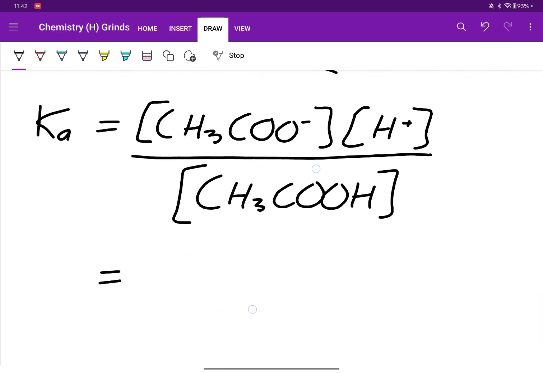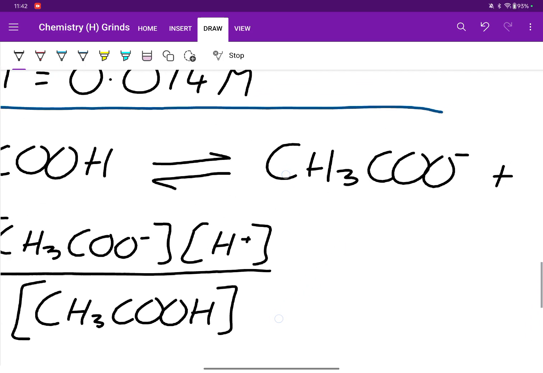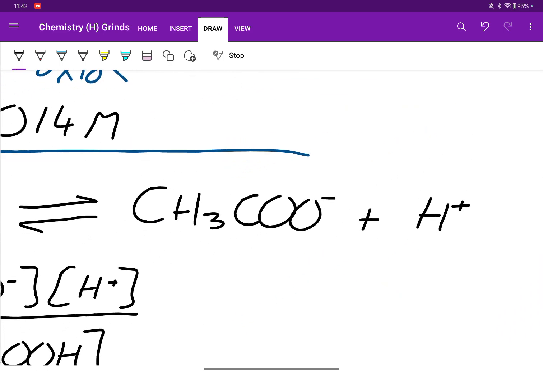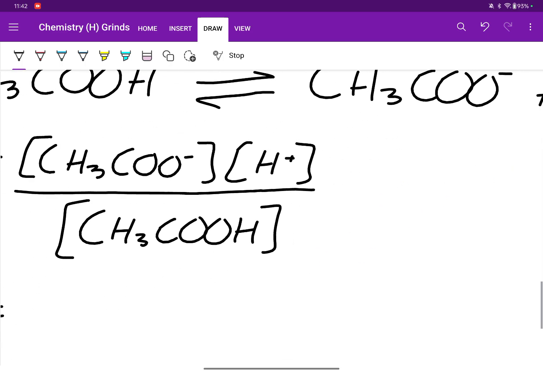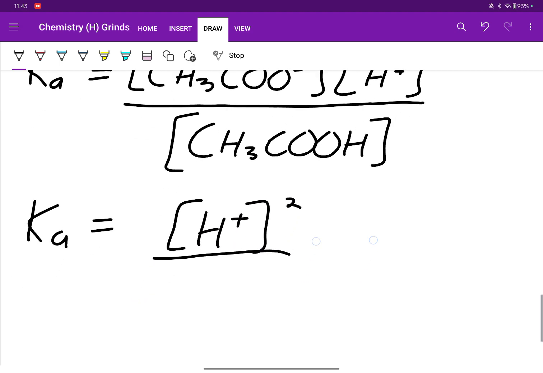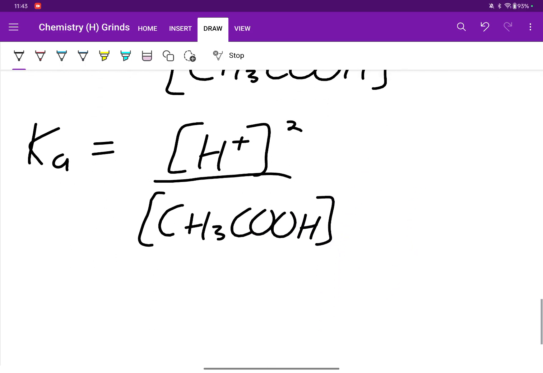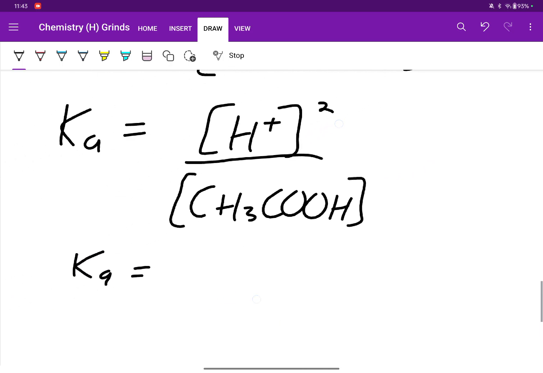Now, first things first. Because this ratio between these two ions is a 1:1 ratio, we can rewrite this top line as H plus squared over CH3COOH. Now, why did I choose H plus and not the other ion? Well, because we can now get the H plus concentration. I'll do that first.